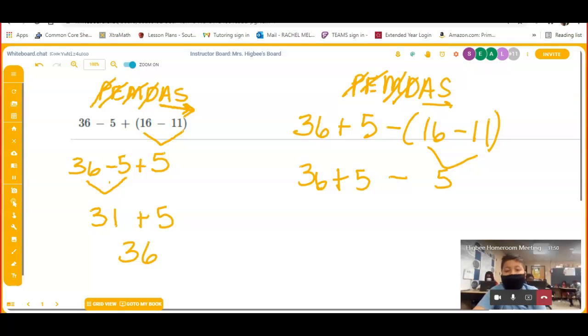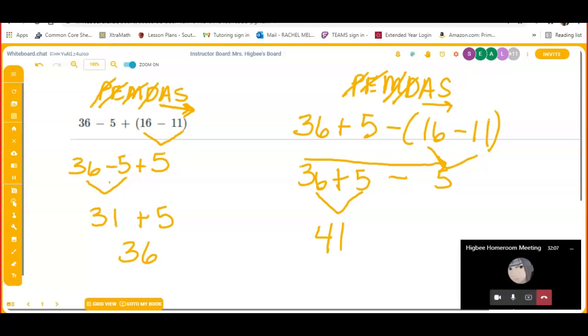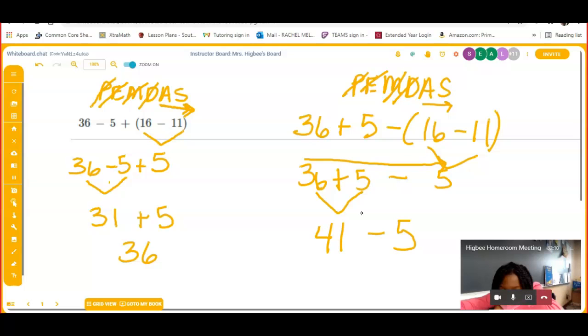I do have addition and subtraction, so I go from left to right. So 36 plus 5 is first because it's on the left. What's 36 plus 5? 41. And 41 minus 5 is 36. Okay. Questions on that?